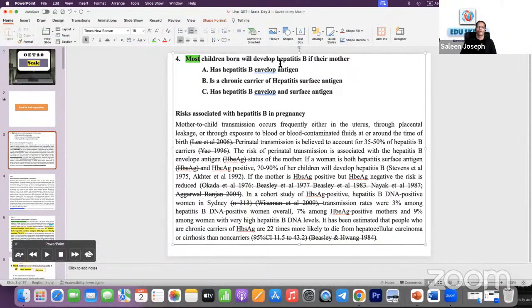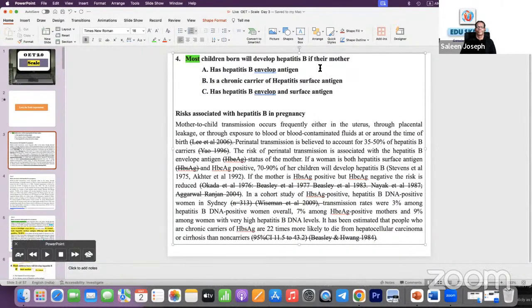Now, most children born will develop hepatitis B if their mother has hepatitis B envelope antigen, is a chronic carrier of hepatitis surface antigen, has hepatitis B envelope and surface antigen. So what are the hedging words in the question stem?